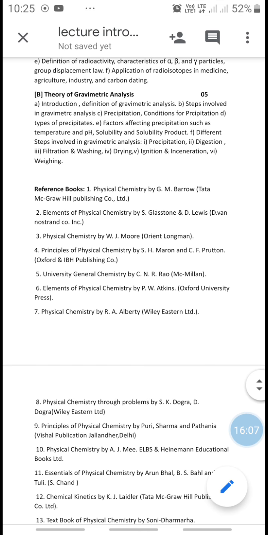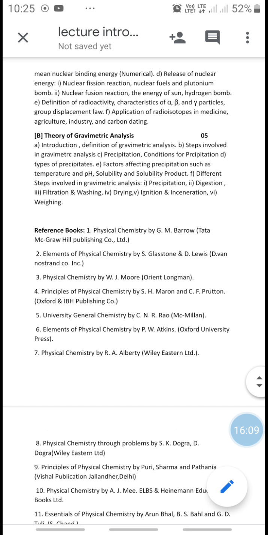After nuclear reactions, we will go for the radioactivity. There are many substances in this universe that radiate energy, and this process of emitting energy from a substance is known as radioactivity.